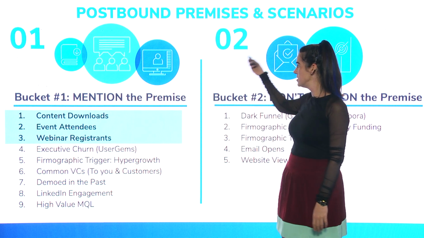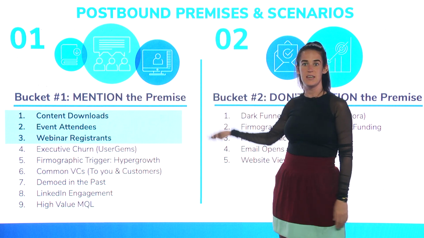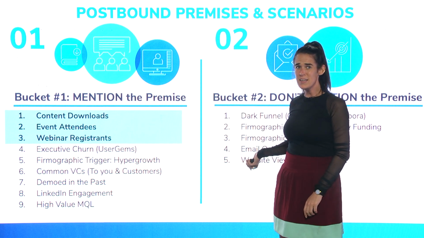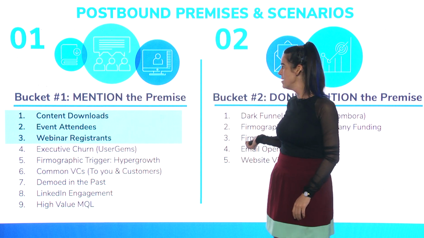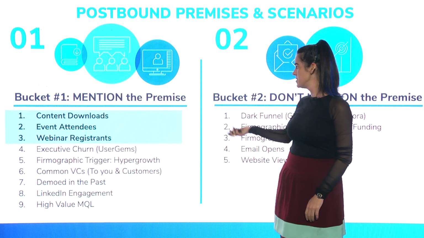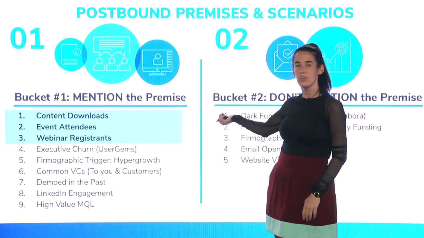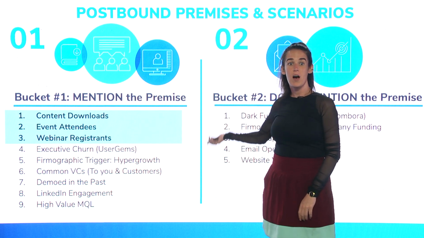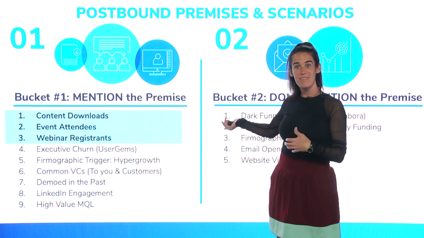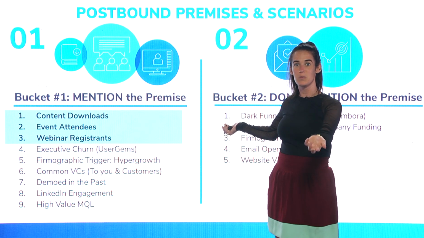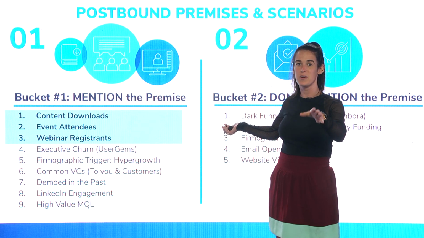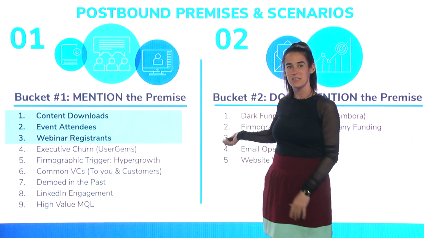So these are all the different sequences that I am building into my playbook whenever I have a team. You can read through some of them, some that are interesting: high value MQL or demoed in the past, common VCs with me as a company, and then common VCs with my customers. Maybe you have a customer who has common VCs with someone you're trying to prospect into.